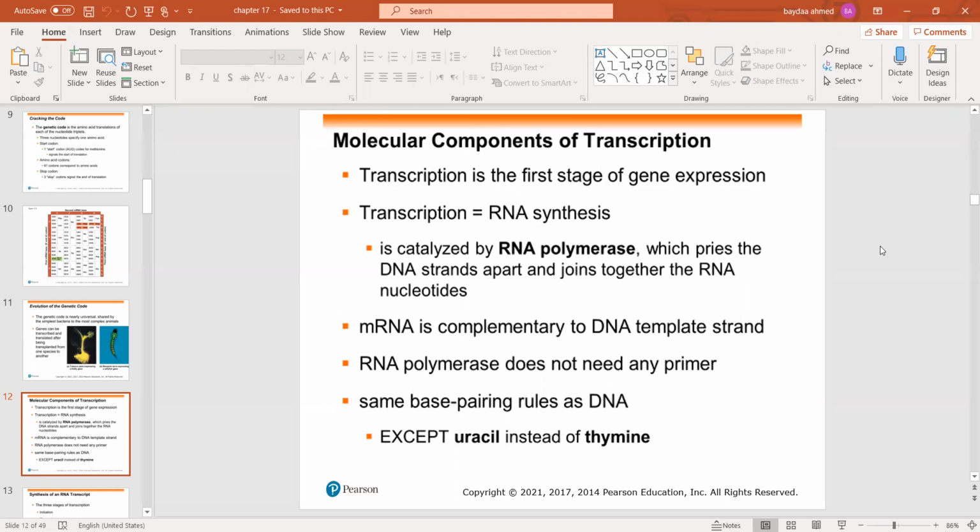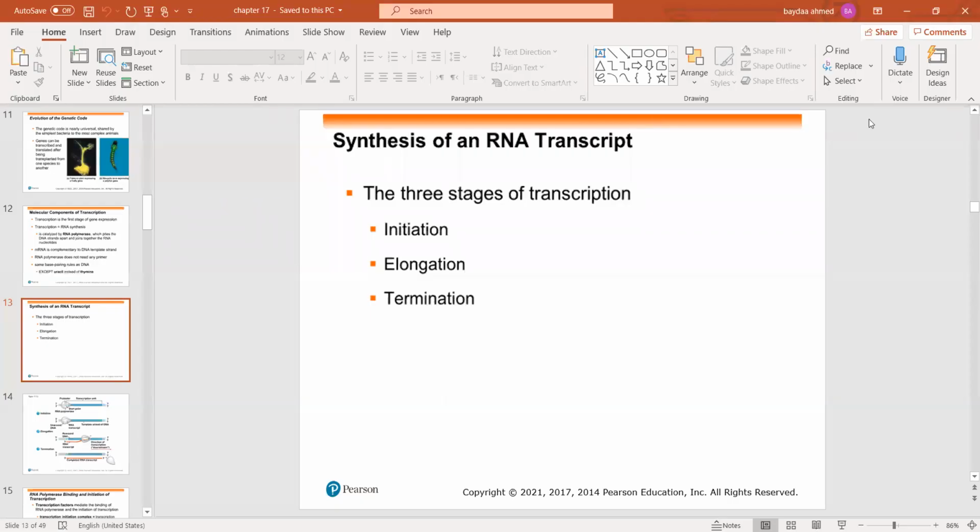They don't need to add the first nucleotide onto a pre-existing primer. So the three stages of transcription are initiation, elongation, and termination of the RNA chain.